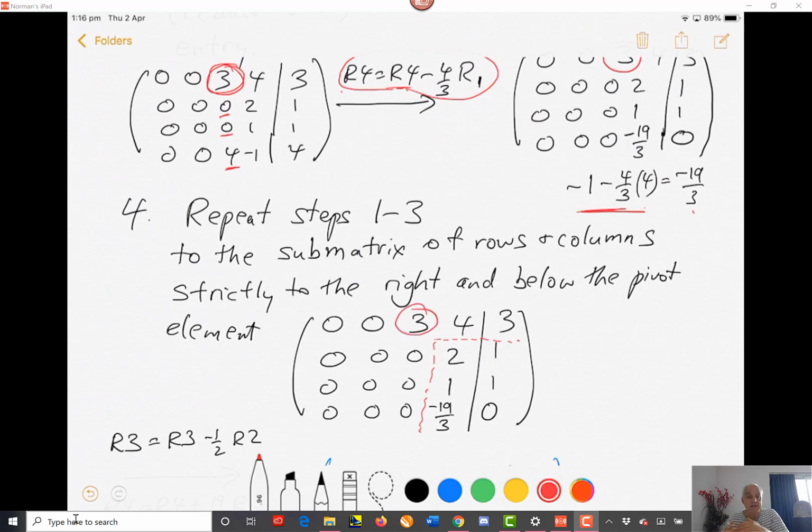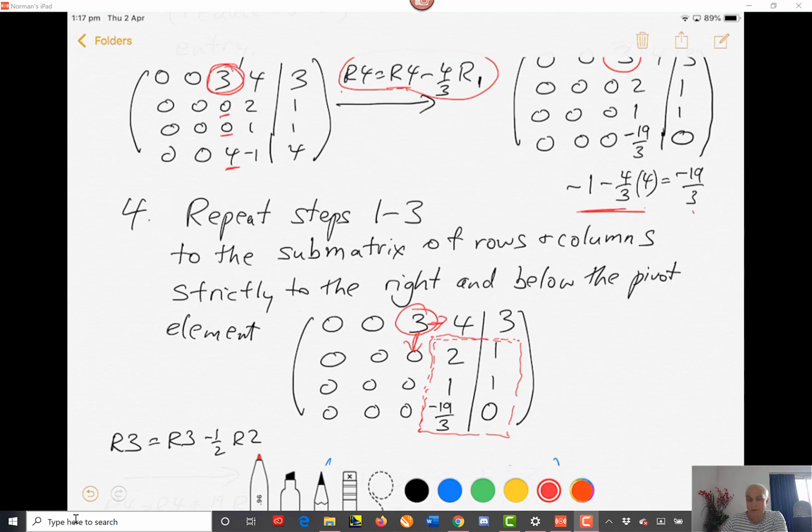The submatrix formed by the rows and columns strictly to the right and strictly below the pivot element is the one that I've indicated here in this little box. That's the little submatrix of the original, which is below and to the right of our pivot entry.